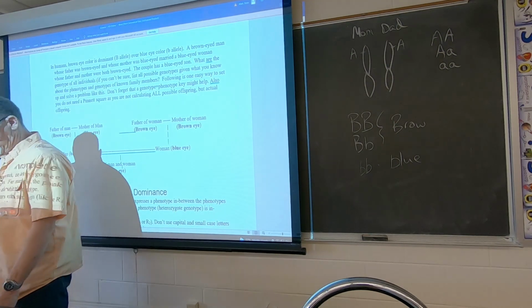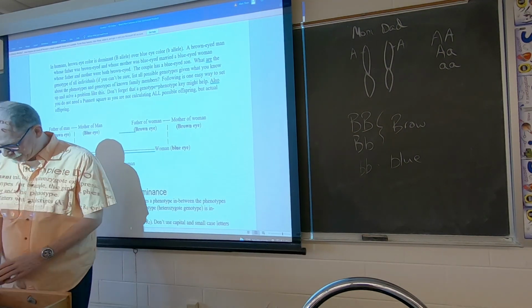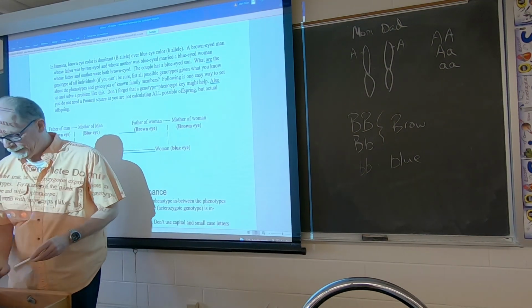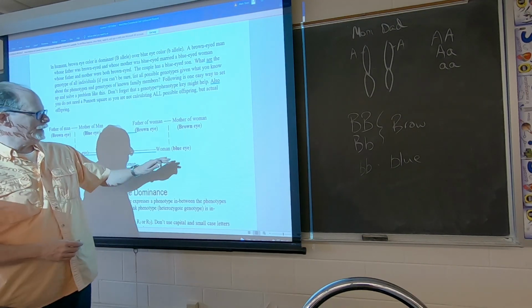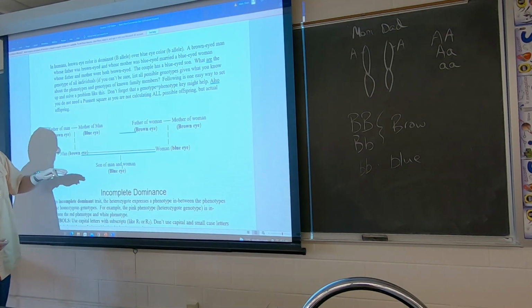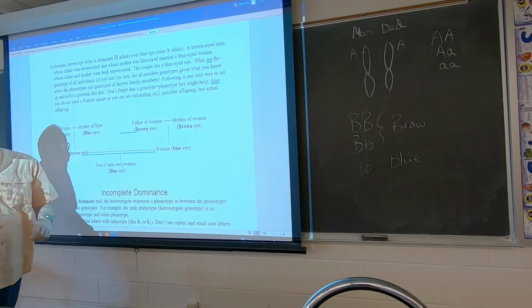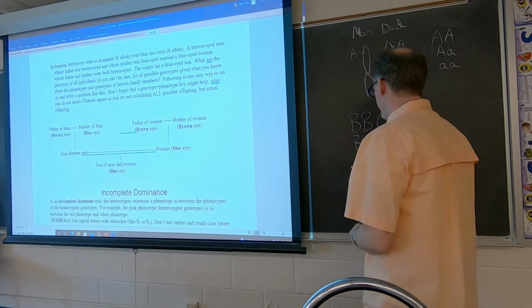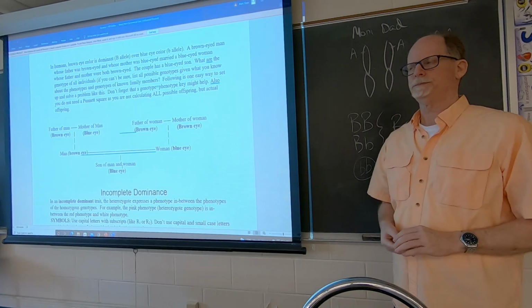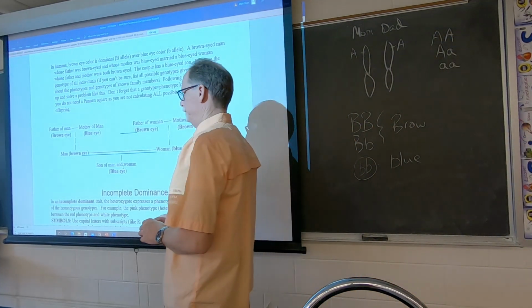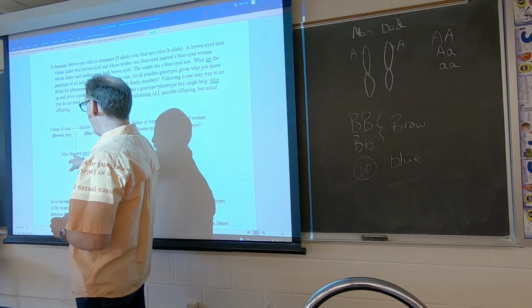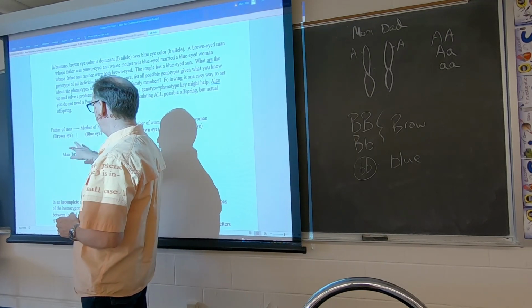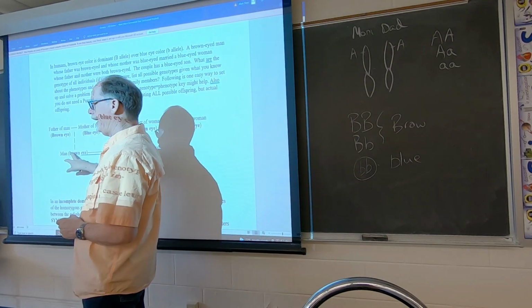Now, if you look at this, you can figure out, if they're blue-eyed, all of them, you know that they have to be little b. So that means this guy has to get the little b from mom, the big B from dad, and he has brown eyes.